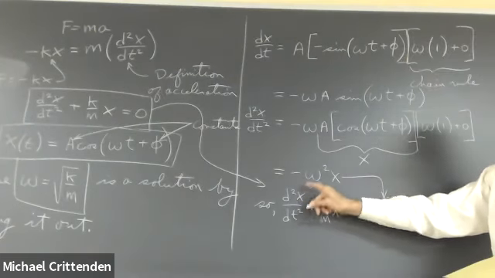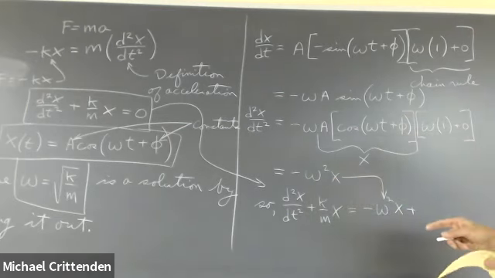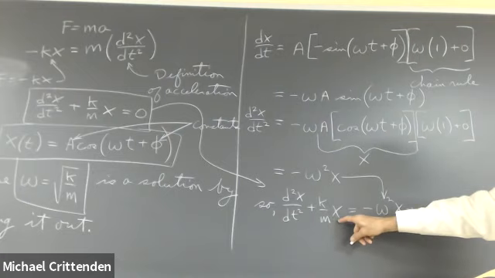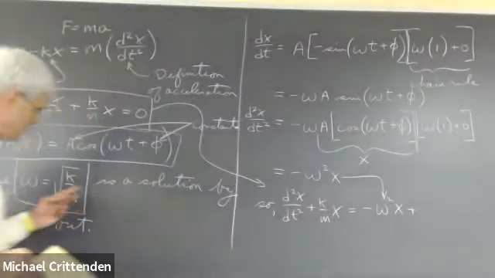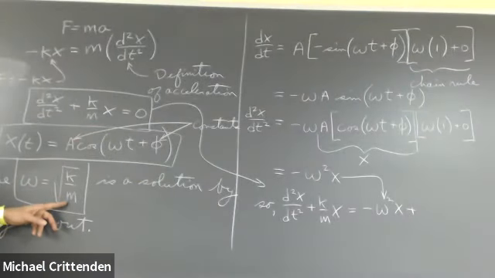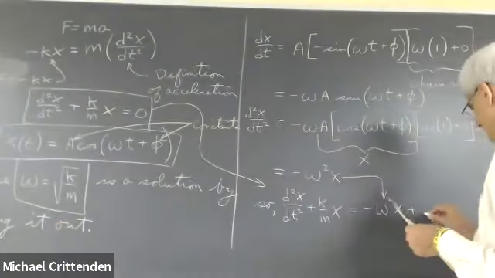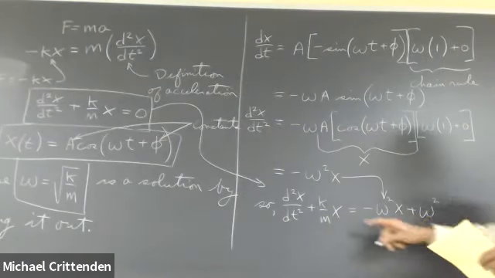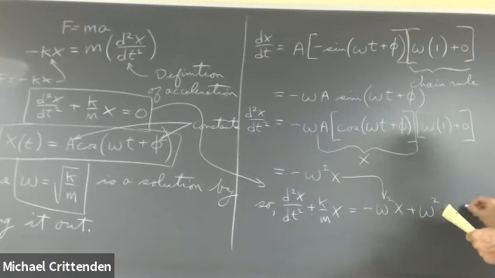For the second derivative, I've just shown that that's equal to minus omega squared x. And then for this other term, k over m, well, k over m is equal to omega squared, because that's what I said omega equals back here. So k over m x would be a positive omega squared x.